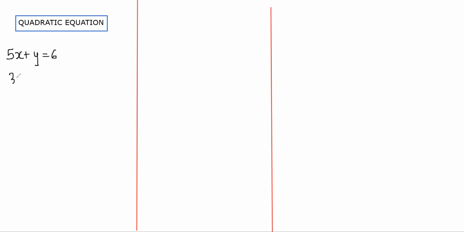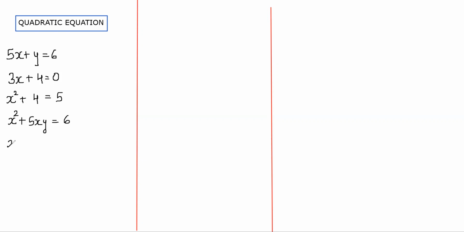Second equation, randomly I'm taking examples of any equation: 3x plus 4 equal to 0. X square plus 4 equal to 5. Then x square plus 5xy is equal to 6.